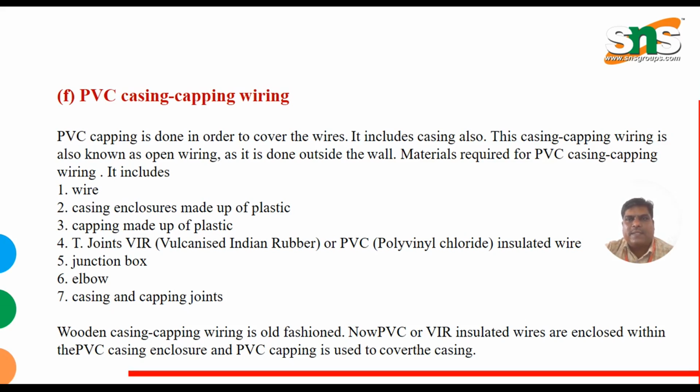Materials required for PVC casing capping wiring are wire, casing enclosures made of plastic, capping made of plastic, T-joints, vulcanized Indian rubber or polyvinyl chloride insulated wire, junction box, elbow, casing and capping joints. Wooden casing capping wiring is old fashioned. Now PVC or VIR insulated wires are enclosed within the PVC casing enclosure, and PVC capping is used to cover the casing.